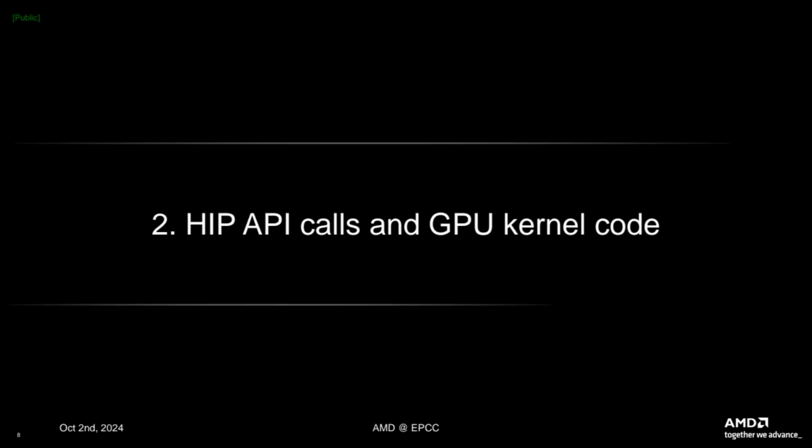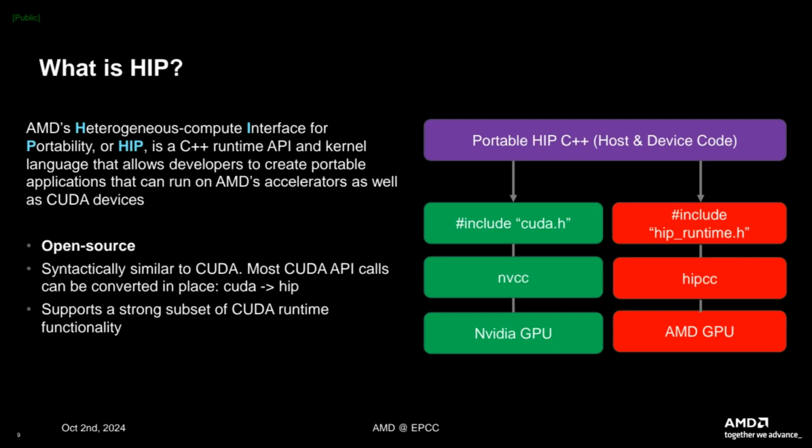Okay, so let's take a look at the HIP API now and how to write GPU kernels. First of all, for those of you that are not already familiar with HIP or that have mostly worked with CUDA, HIP is short for Heterogeneous Compute Interface for Portability, and it's AMD's C++ runtime API and kernel language, which you would be using to program AMD GPUs.